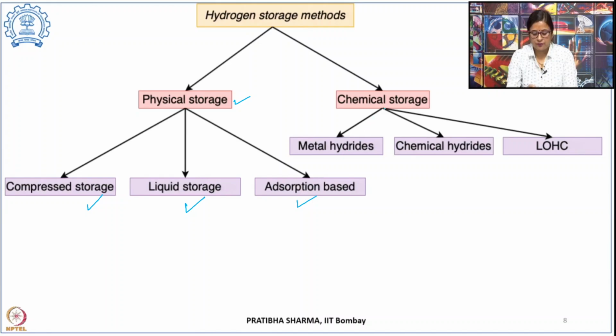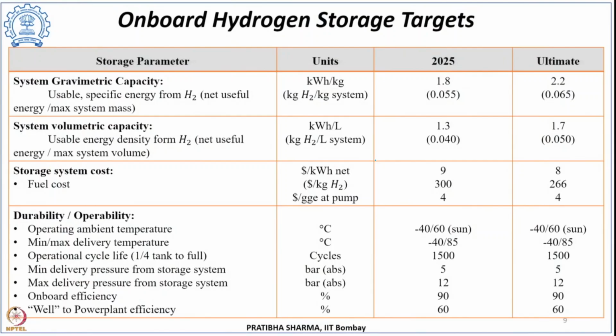There is also chemical storage, like metal hydride, for example ferrous hydride FeH, where the hydrogen is stored in hydride form. The three chemical storage methods are metal hydride, chemical hydride, and LOHC, the liquid organic hydrogen carrier. I am not going into details.